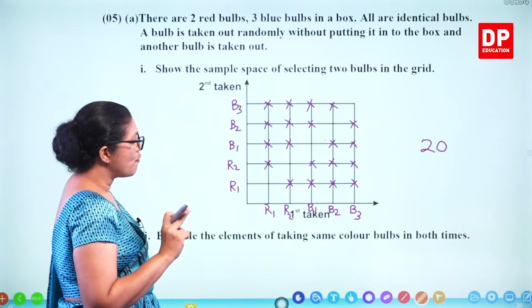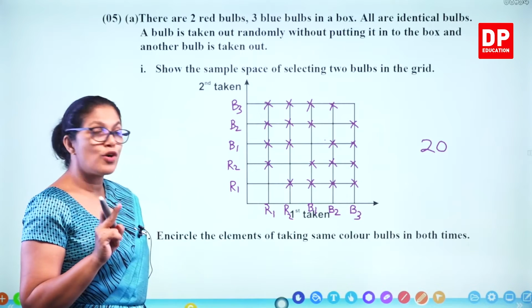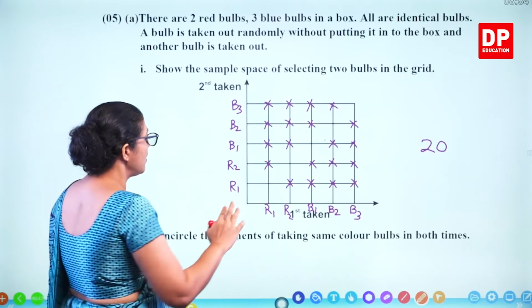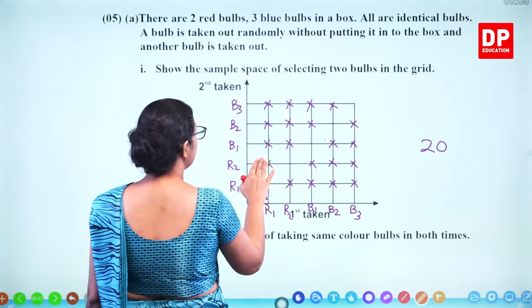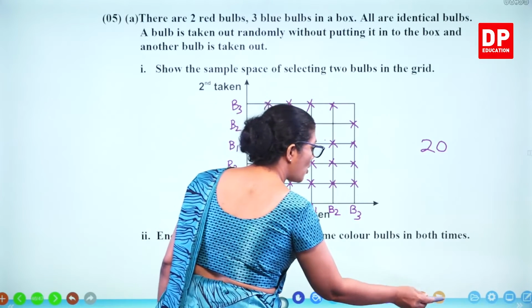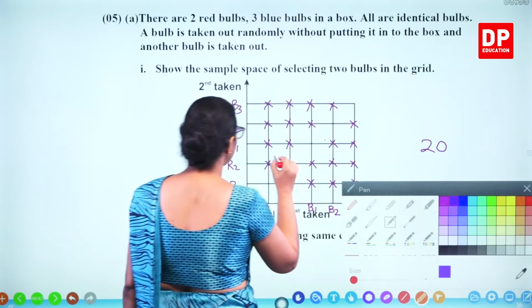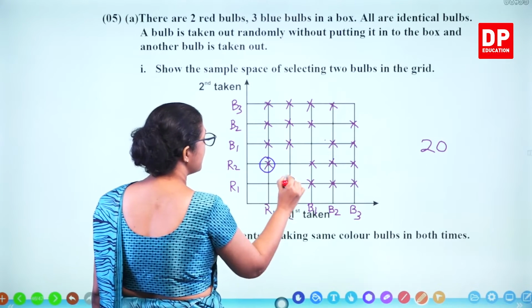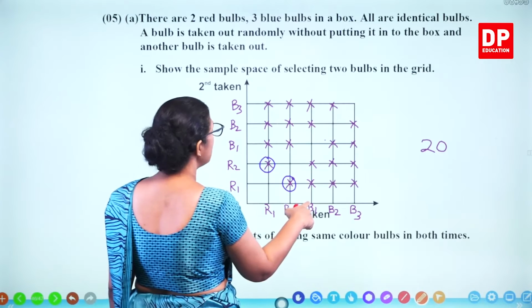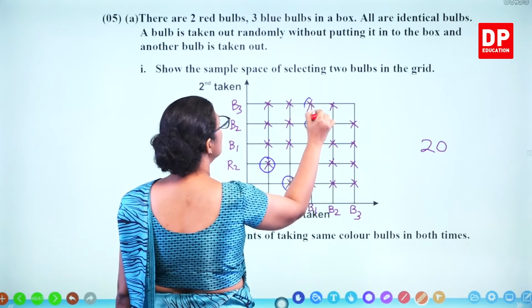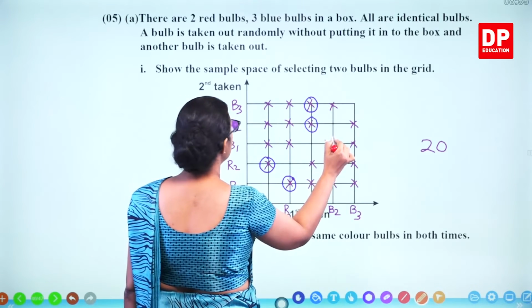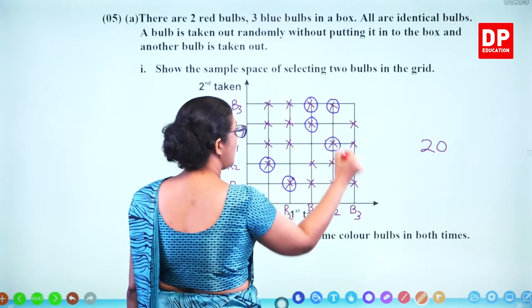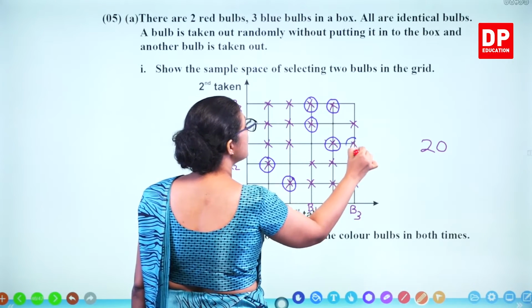Encircle the elements of taking same color bulbs in both times. Red with red, so this is one possibility. I want to mark red, red. Red with red. Blue with blue, and blue with blue.